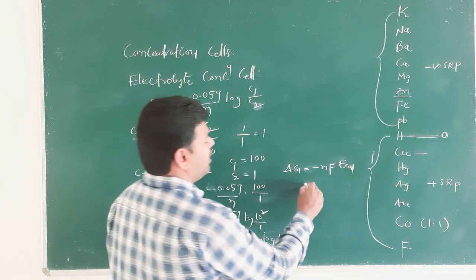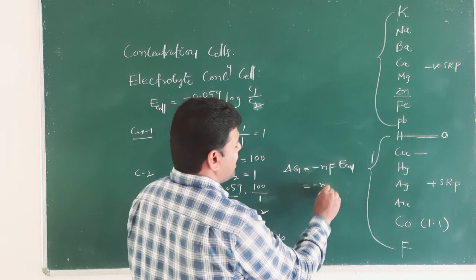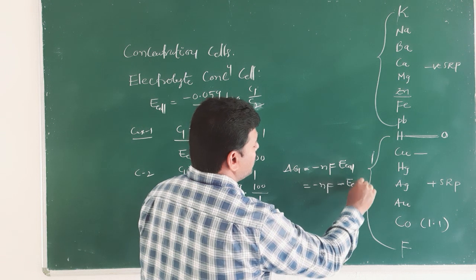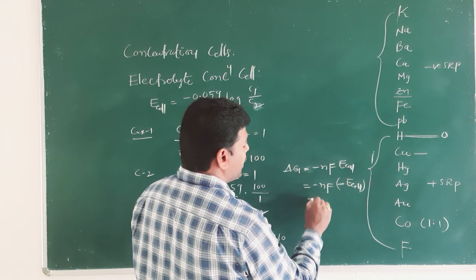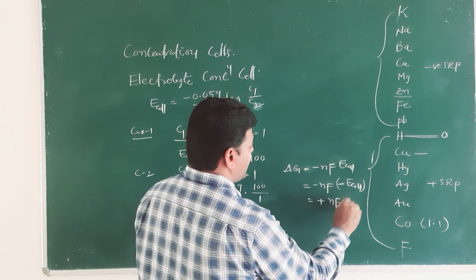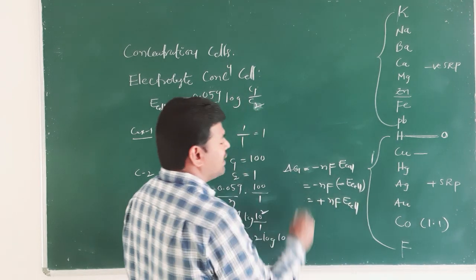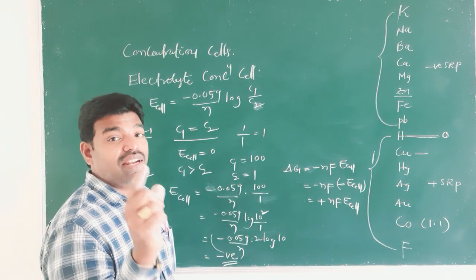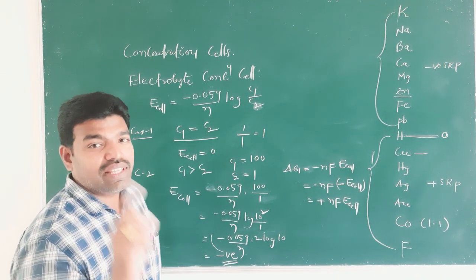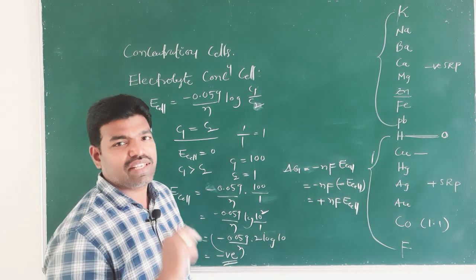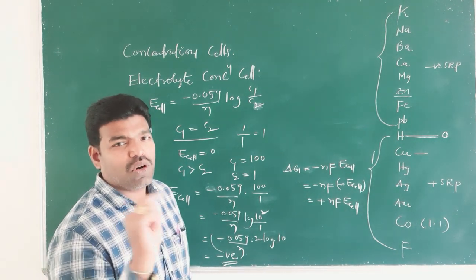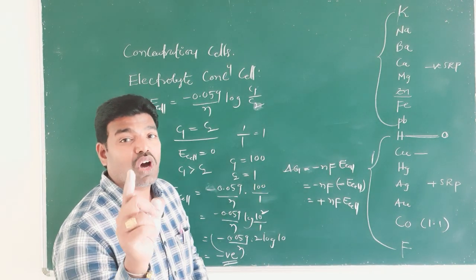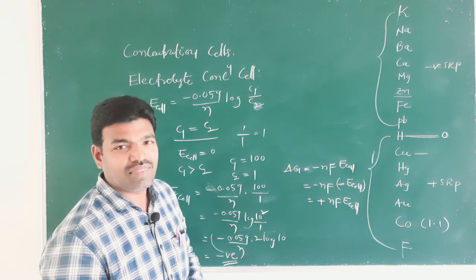So negative into negative gives positive, and therefore delta G value is positive. When delta G is positive, that reaction is non-spontaneous. We know very well that delta G positive is a non-spontaneous process, right?